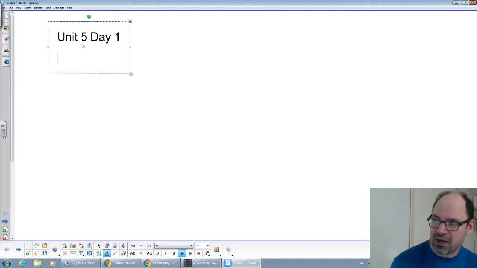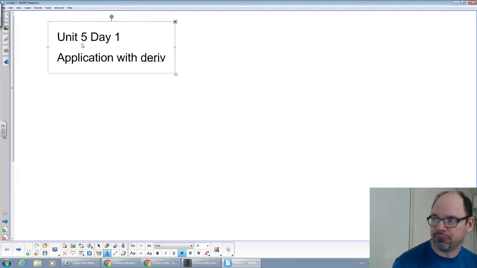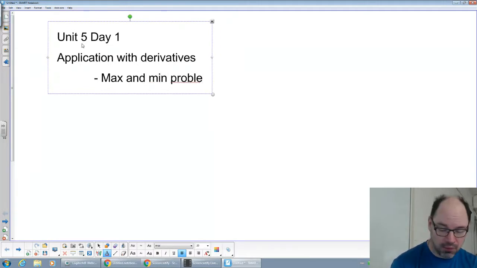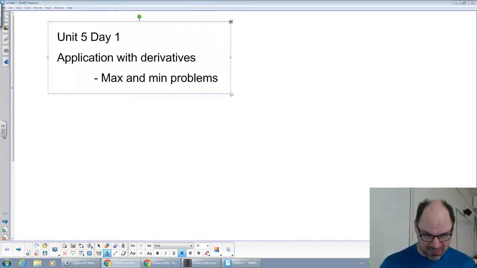Okay, so this is basically applications with derivatives that we're going to be doing. And today we're going to be doing a couple of things. We're going to look at maximum and minimum problems. Okay, and under maximum and minimum problems, I think we're going to do an area example today.